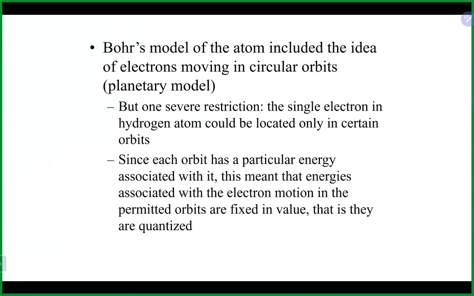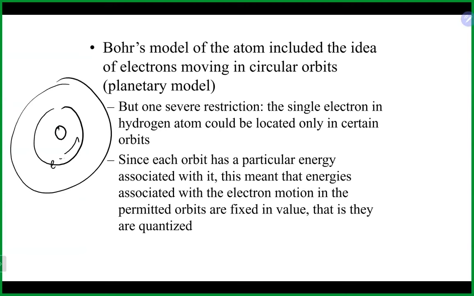And Bohr's model had some restrictions, which was that an electron can only be located in certain orbits. So as those electrons are here, they will either be in this orbit moving around, or maybe they would transition to this orbit and move around. And each orbit has a particular energy associated with it. These energy levels are what's sometimes referred to as n equals 1.